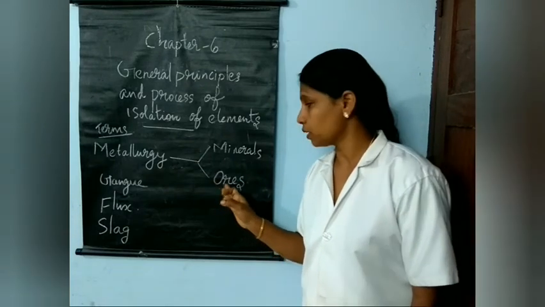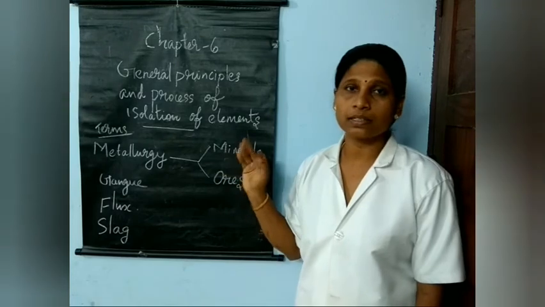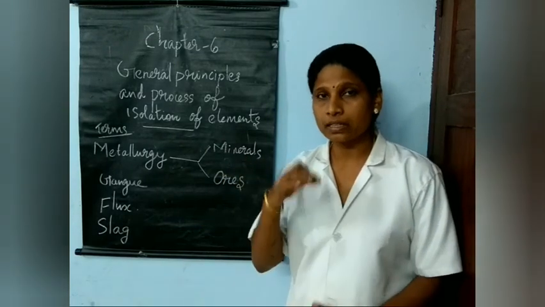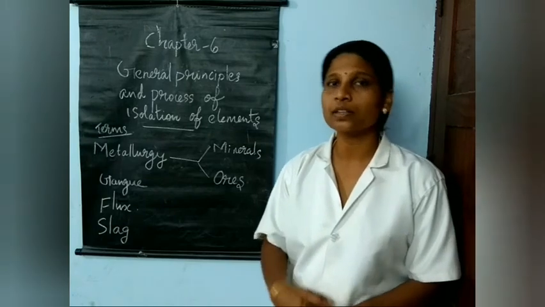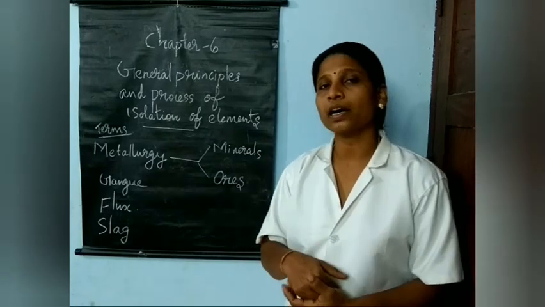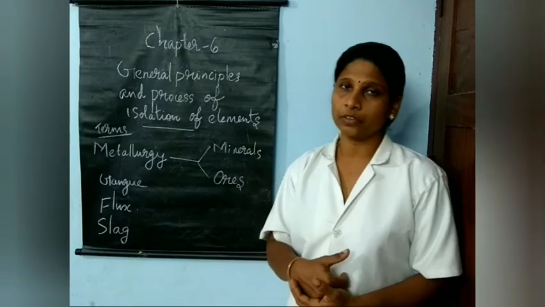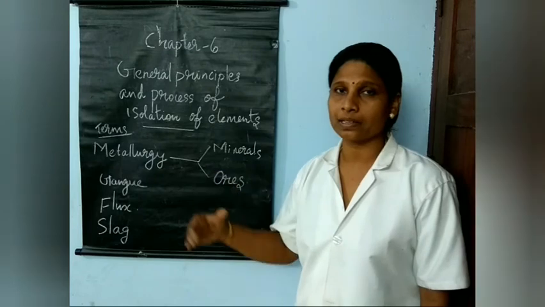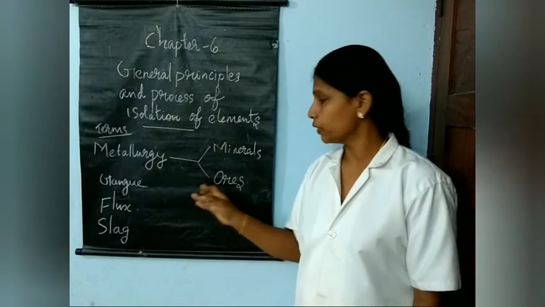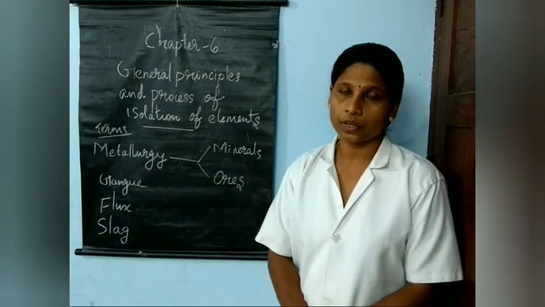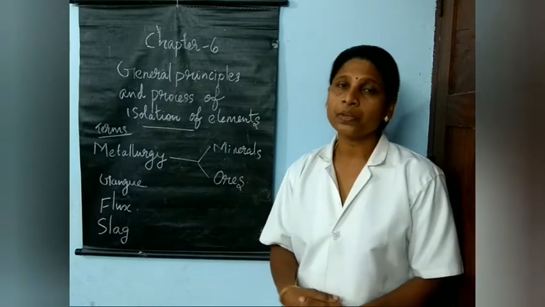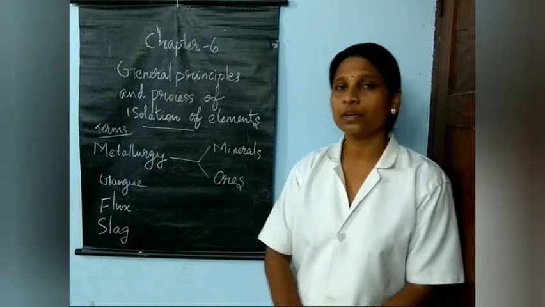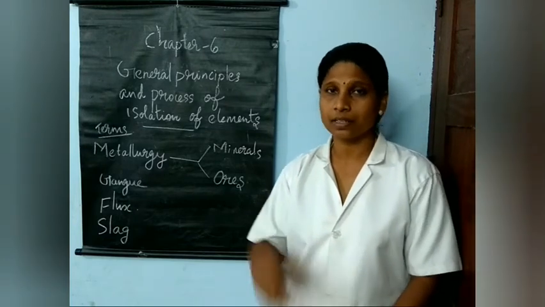I will give you one example. Zinc is present in zinc carbonate, zinc sulfide, zinc oxide, etc. Therefore, we can select zinc carbonate as the ore because from zinc carbonate we can extract zinc very easily, comfortably, profitably and economically. Zinc oxide, zinc sulfide and zinc carbonate are all minerals, but we select zinc carbonate as the ore.